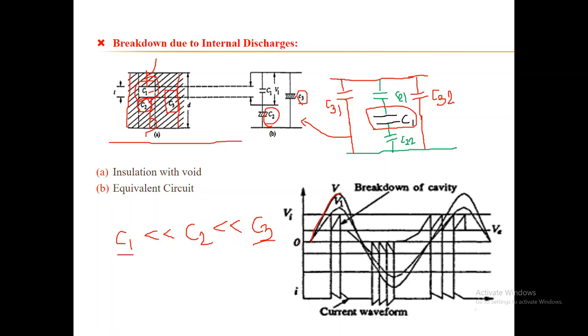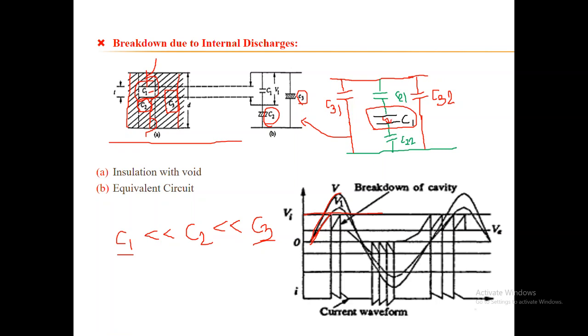It means the capacitor is charging when the voltage is applied. As the input voltage increases, the potential across the capacitor also increases up to its discharge inception voltage magnitude. When the voltage across this capacitor becomes equal to its breakdown value, the breakdown of C1, the breakdown of the void, takes place.